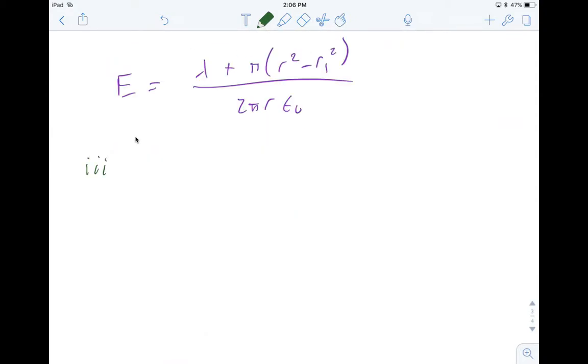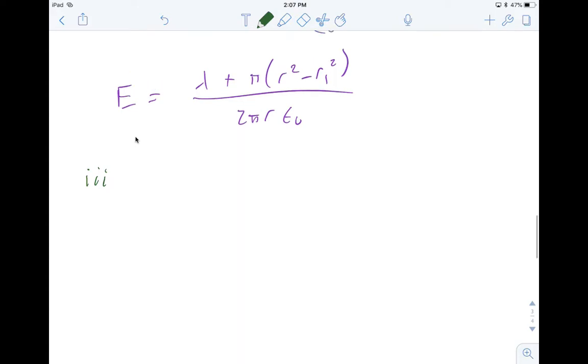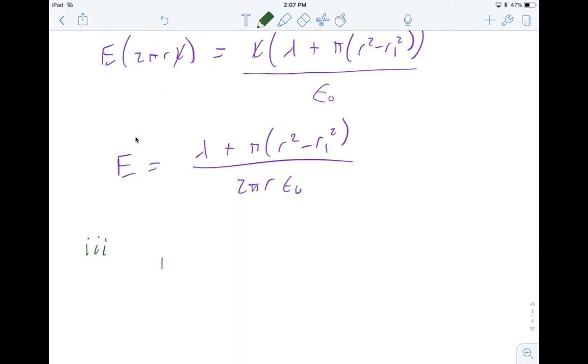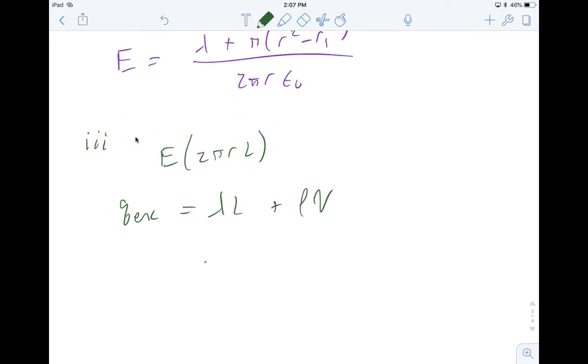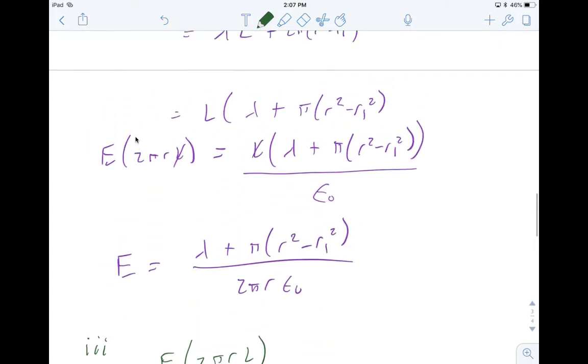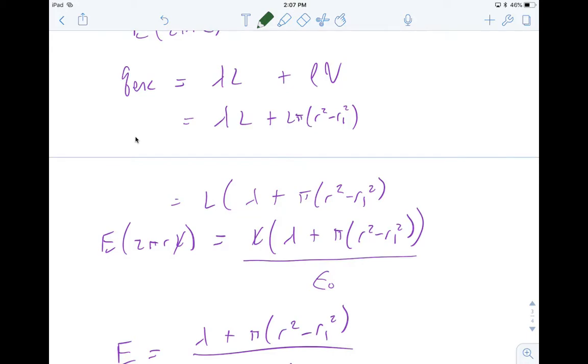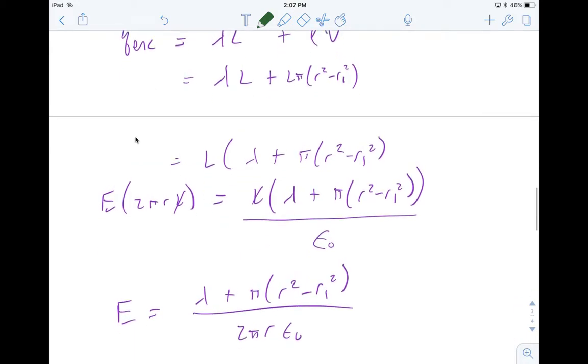So we're going to have the left, so you don't want to spend a whole lot of time. You don't want to go through everything again. The left side of the equation, we get E 2 pi R L. Okay, the right side, Q enclosed, again, it's going to be lambda L plus rho times the volume. And that volume is going to look exactly the same. Okay, so we had, you know what? I forgot my rho. Gosh, this is bad.